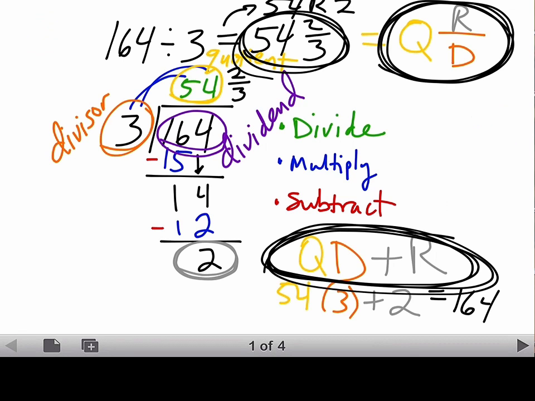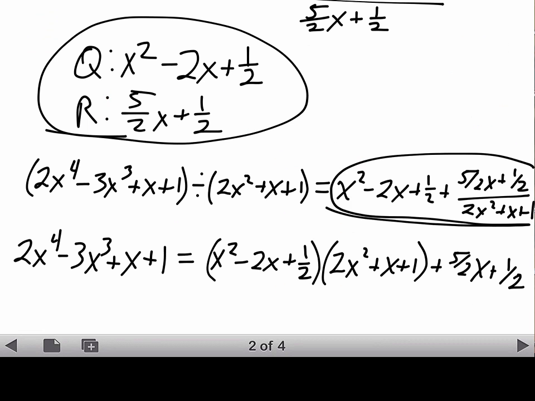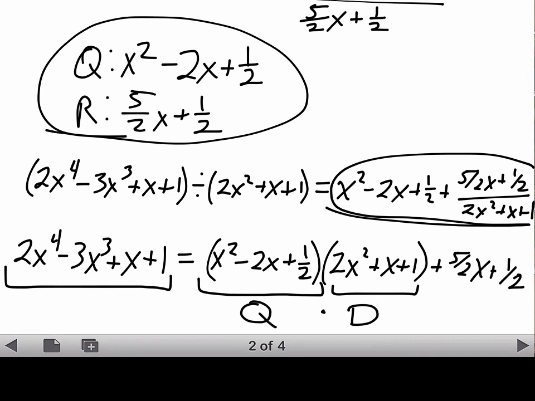In this case, that would look like the original polynomial, 2x to the fourth minus 3x cubed plus x plus 1 is equal to the quotient x squared minus 2x plus 1/2 times the divisor 2x squared plus x plus 1 plus the remainder.